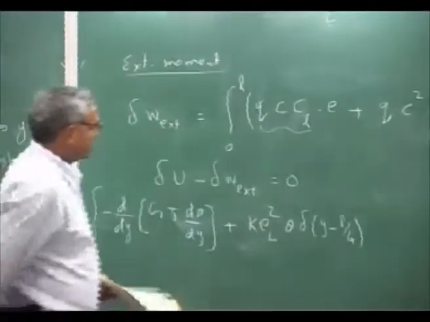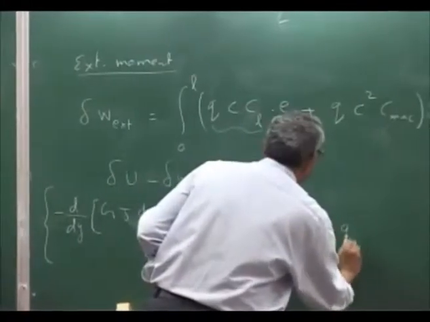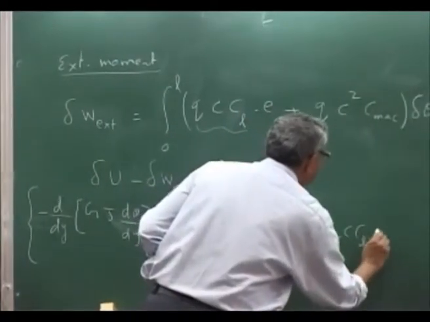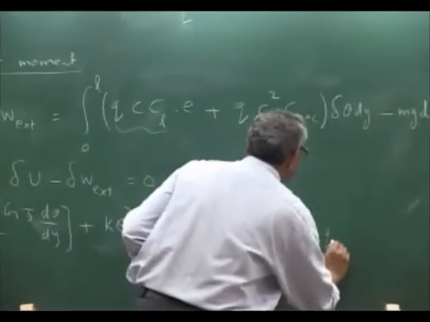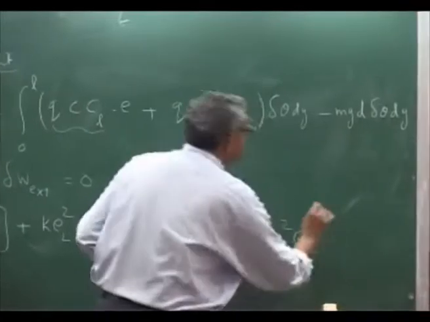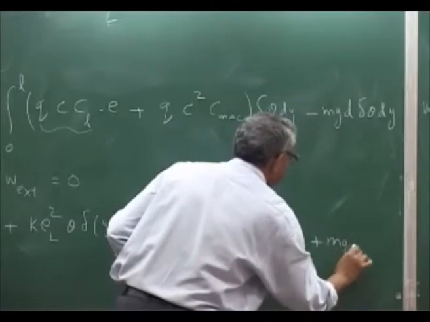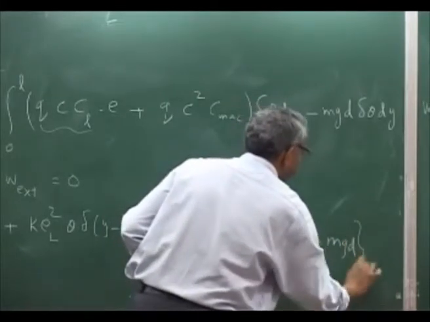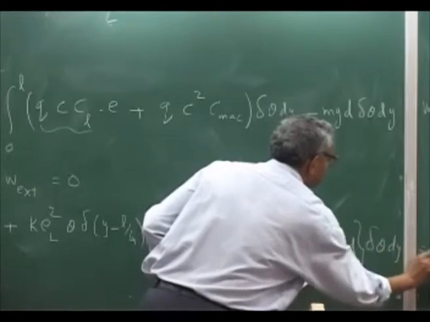So this is my big expression. This will be minus, so you will have minus q c c_L into e, minus q c square c_mac, then this will become plus mgd. This entire thing times delta theta dy is 0.